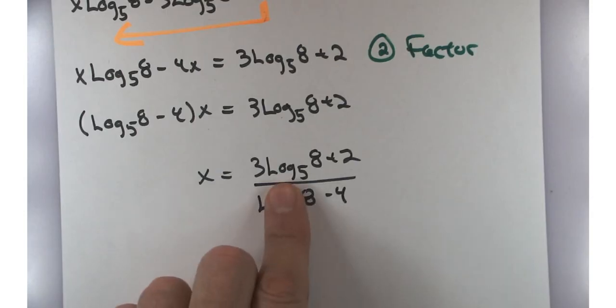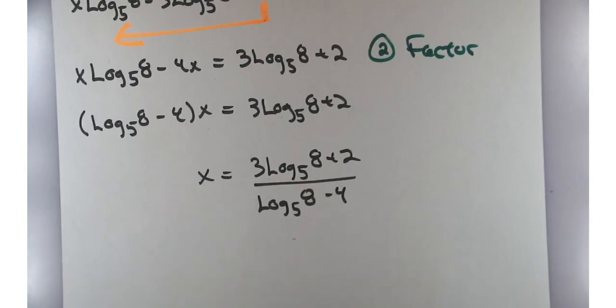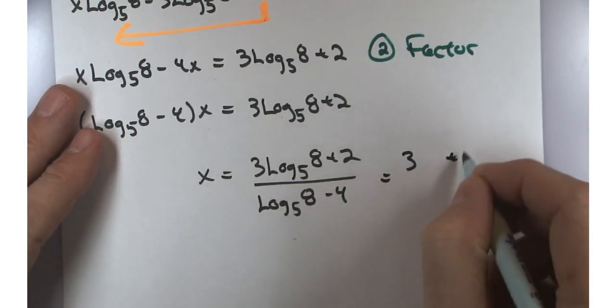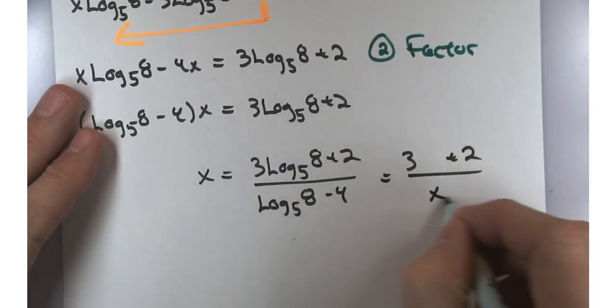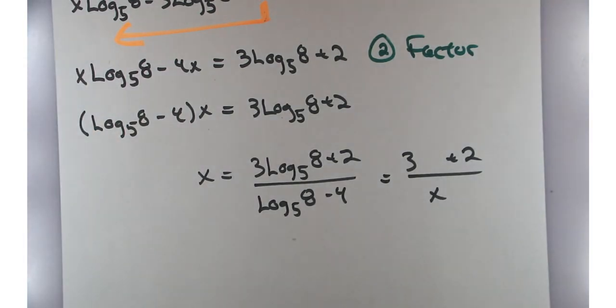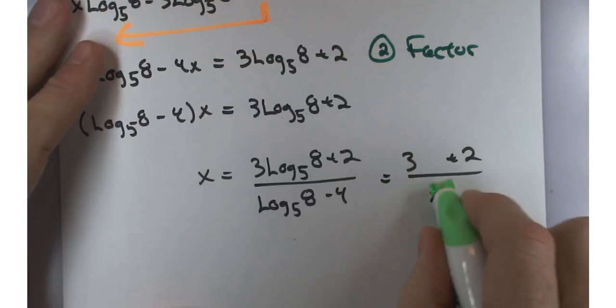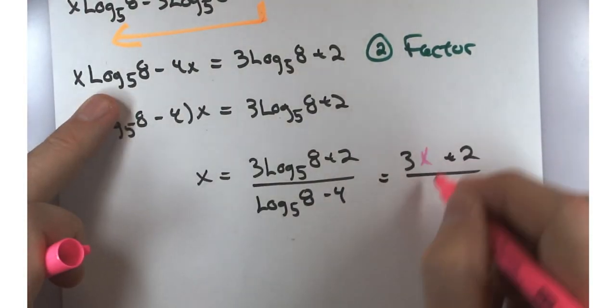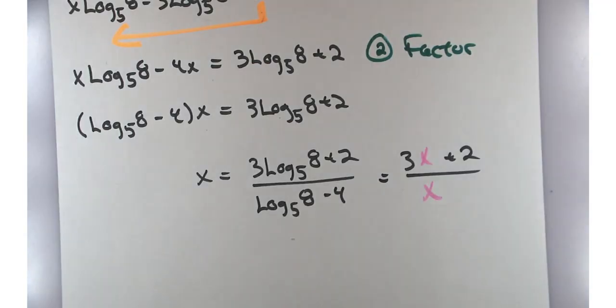If that's an X, then really I can rewrite this as 3x plus 2 over x minus 4. I didn't mean to write that x there. Meant to write it this way: 3x plus 2, and then x minus 4.